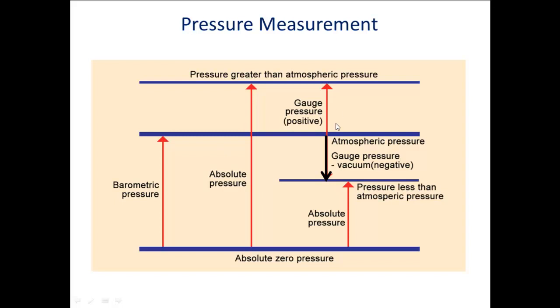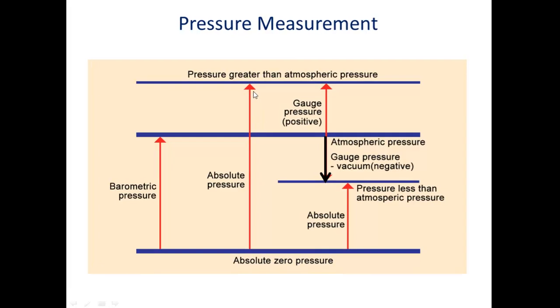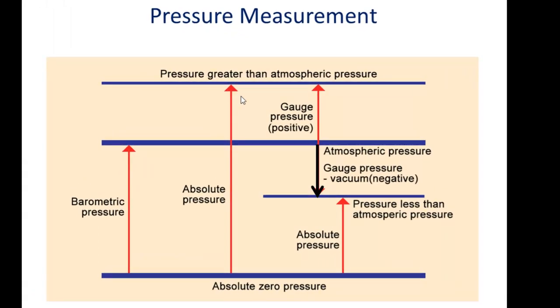So if you want to convert this relative scale into absolute pressure, then we have to add the height of this to this. So your absolute pressure for a gauge pressure value, or a positive pressure value, is going to be the sum of the atmospheric pressure plus the gauge pressure. That will give you the value of the pressure in an absolute scale.